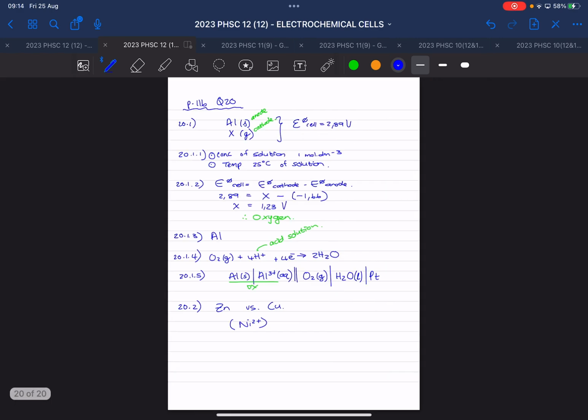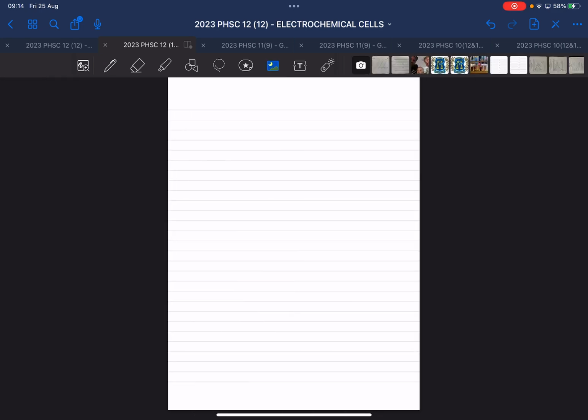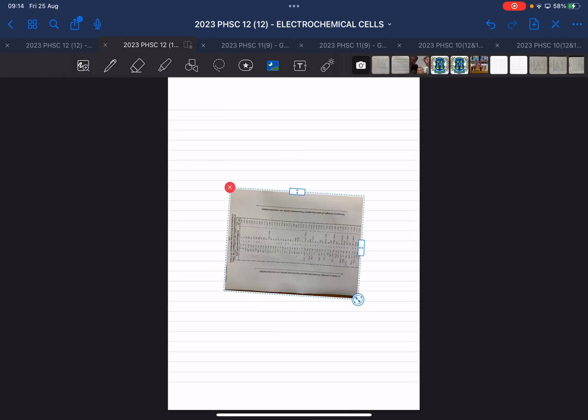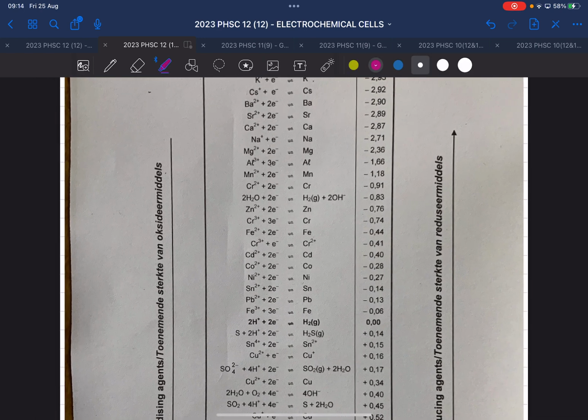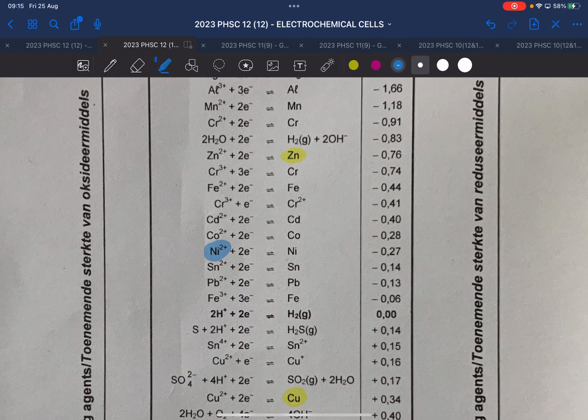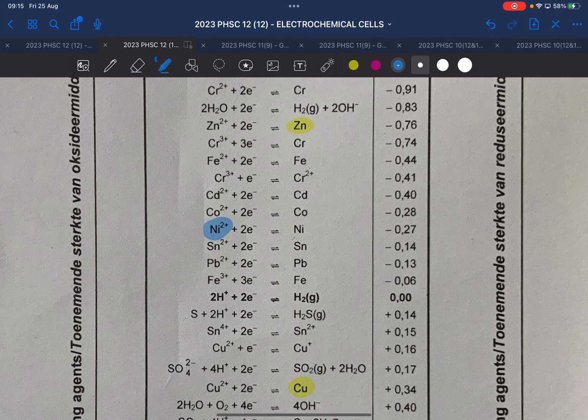Okay, I'm going to get a clean table 4b for myself. Okay, so they speak about zinc, they speak about copper, and then they say for nickel ions. Okay, and they ask which one will be more suitable to store these nickel ions in them.